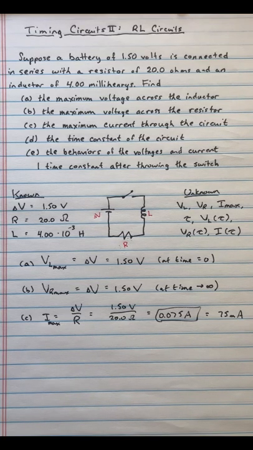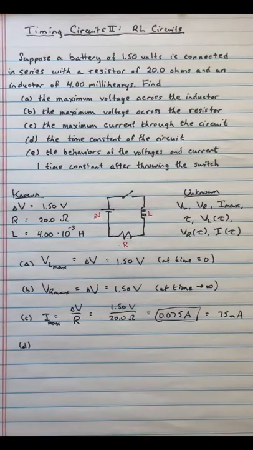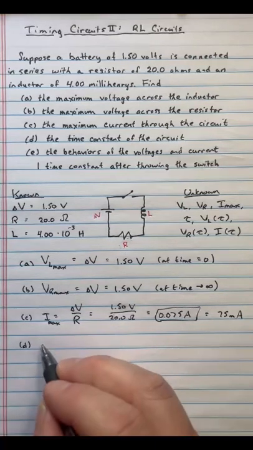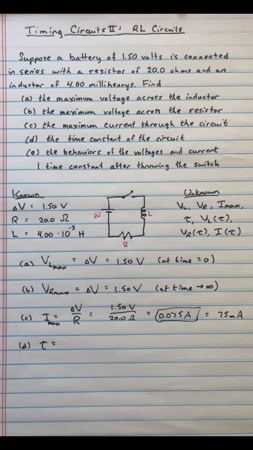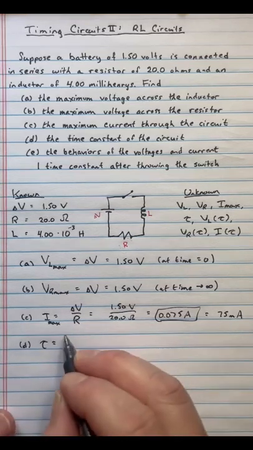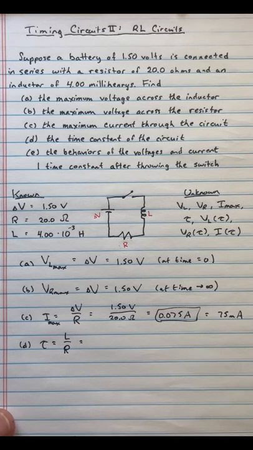Okay. What is the time constant of a circuit like this? Now, a time constant for an RC circuit was RC. It was a very simple thing to say. But the time constant for an RL circuit, and by the way, if you look online or in notes, you might also see it as LR. Doesn't really matter the order of the letters. It's L divided by R, the inductance divided by the resistance.